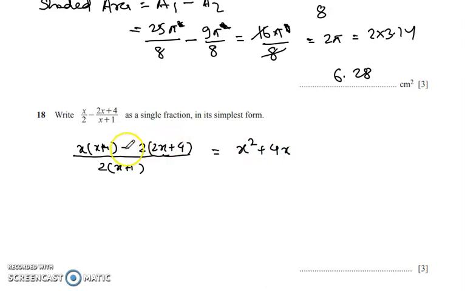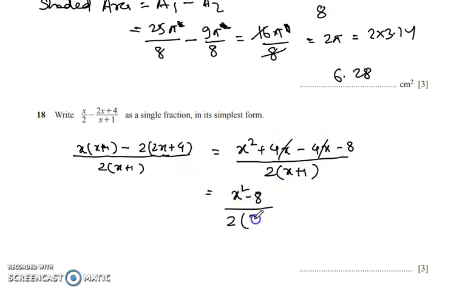Now we'll open the bracket, the negative will change every term's sign, so that is 4x and minus 8 upon 2x plus 1. Can we cancel this? Yes, so we can write x square minus 8 upon 2x plus 1. Let me check if there is any mistake within the steps.